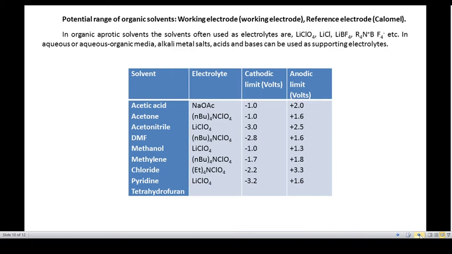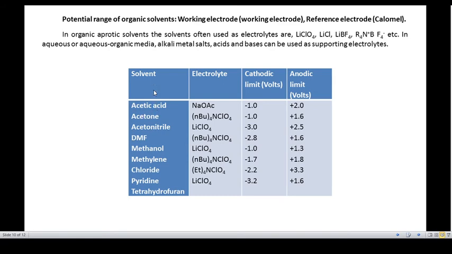Okay, you can choose the solvents and electrolytes, and you have to get the particular voltage limits for cathodic and anodic reactions, which are tabulated here. Generally, organic aprotic solvents, meaning they don't have protons, are often used with electrolytes like lithium chlorate, lithium chloride, lithium borofluoride, etc. Now it is tabulated like this.